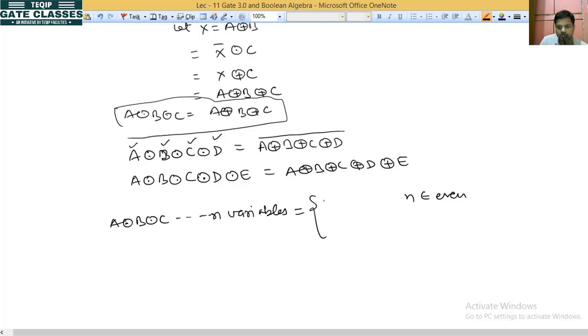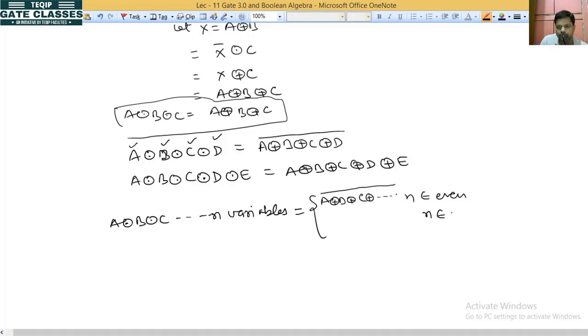So it will be equal to A XOR B XOR C XOR, however many there are, we will take XOR complement. Okay na? Now if n belongs to odd number, then A XNOR B XNOR C is equal to A XOR B XOR C.